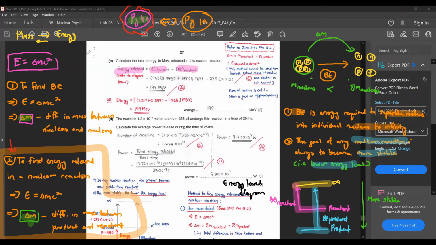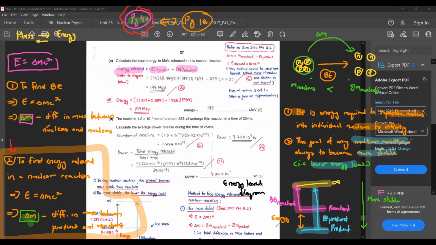When it comes to finding out the energy release, your energy release during the reaction is represented by this line here, the difference between the pink and blue line.